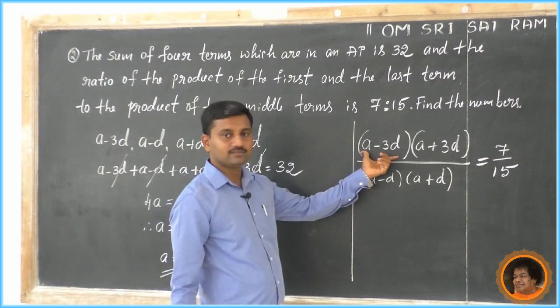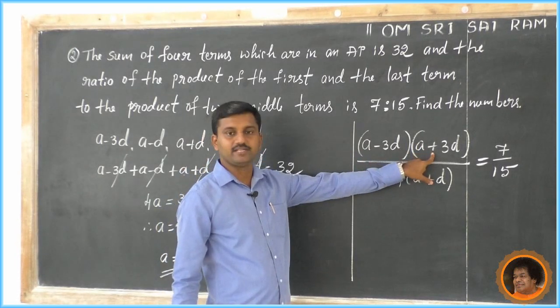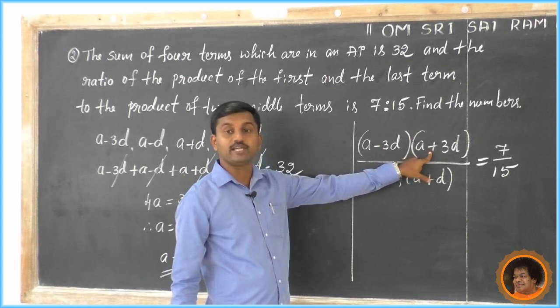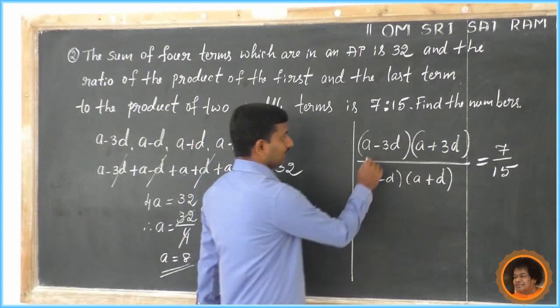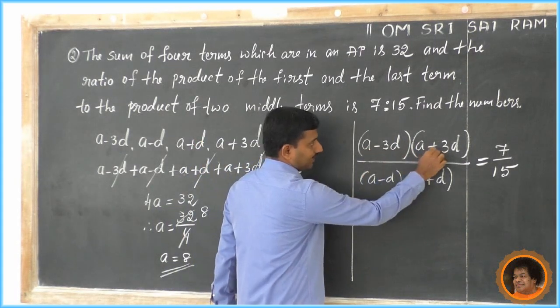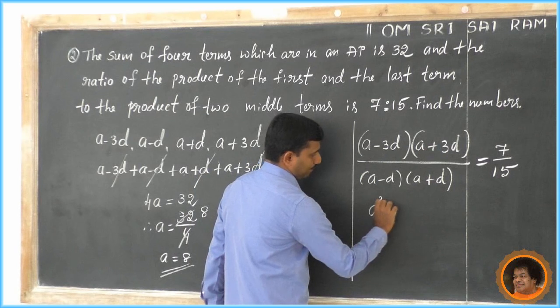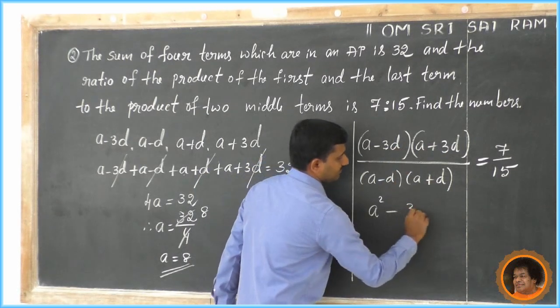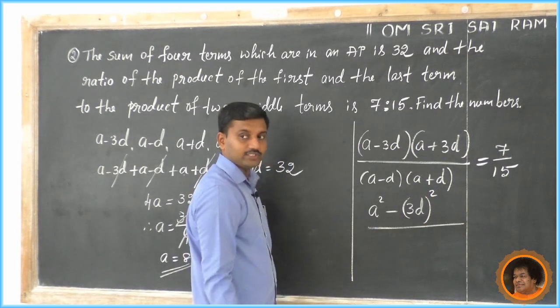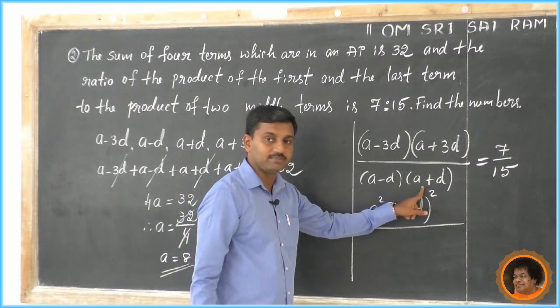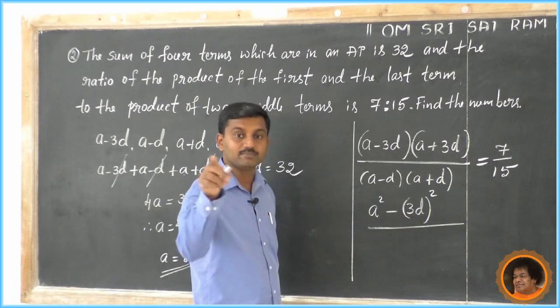Look at the numerator, (a minus 3d)(a plus 3d), in the form of (a plus b)(a minus b). The identity: (a plus b)(a minus b) is a square minus b square. Here b square means (3d) whole square. The denominator also, (a minus d)(a plus d), is in the same form.